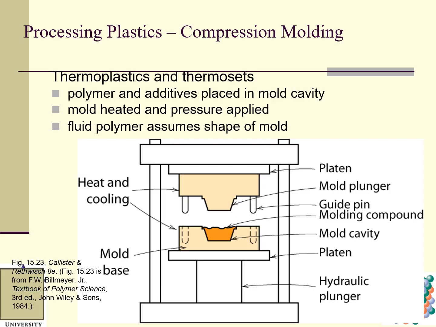This is a mold base. This is a platen. This is a mold plunger. This is a guide pin, a molding compound. Mold cavity. This is a platen. This is the mold base, hydraulic plunger, and sometimes we need to use very huge force. That's the reason we use hydraulic.